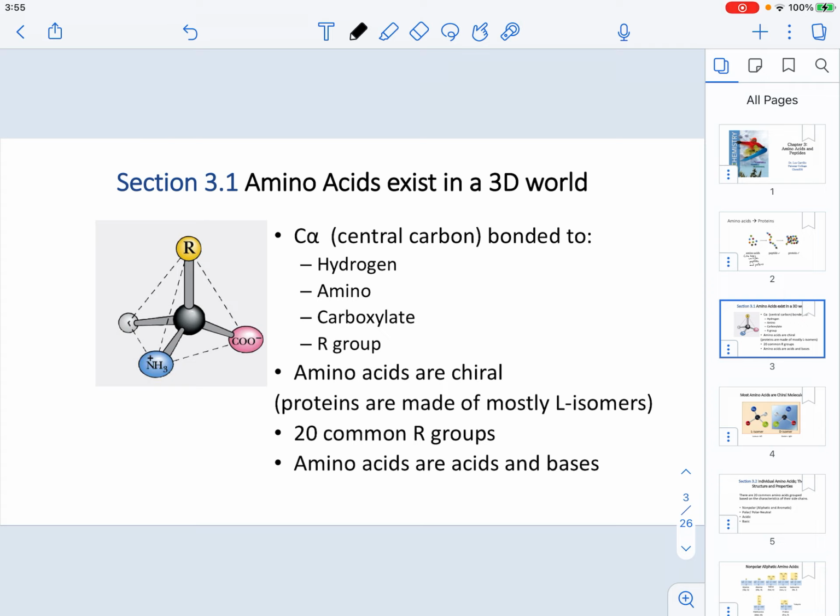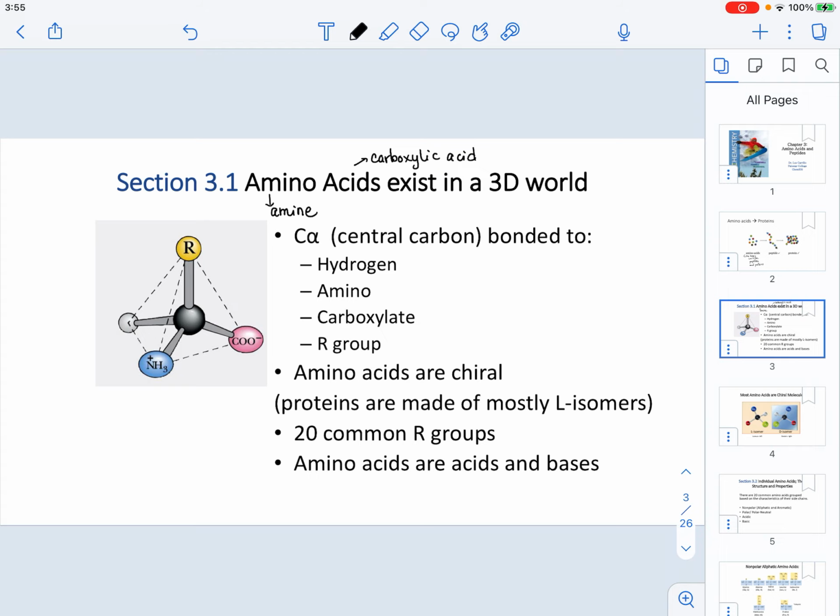So the word amino comes from the amine functionality that is present in the amino acid, and the acid portion of it comes from the carboxylic acid functionality that is present in their structure.